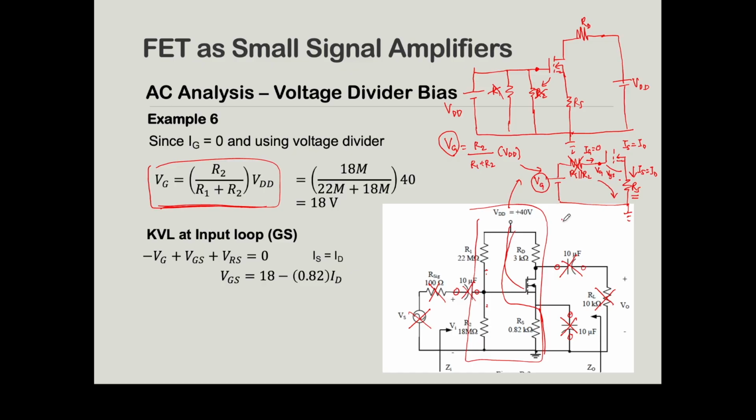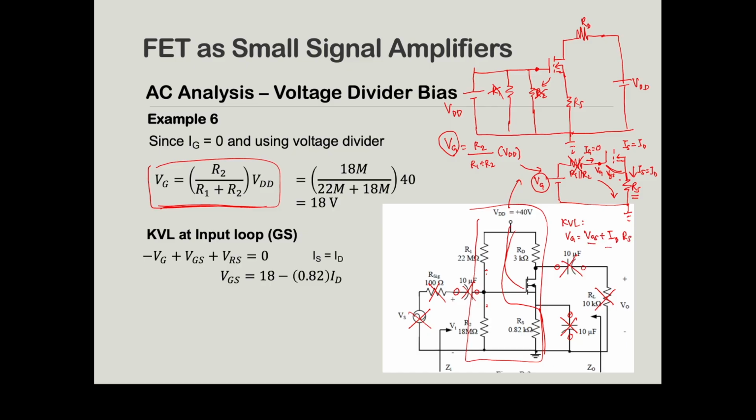What is the equation for your KVL? Vg, the voltage here, is equal to VGS plus ID RS.